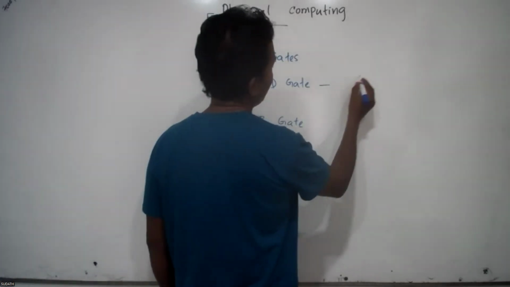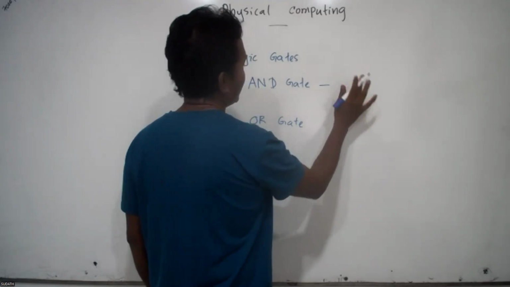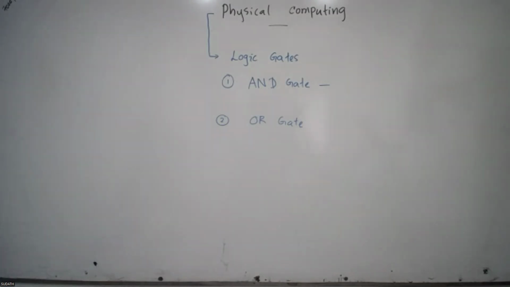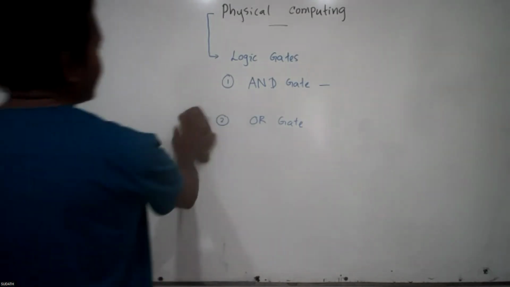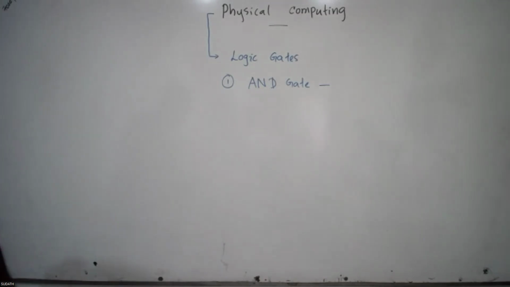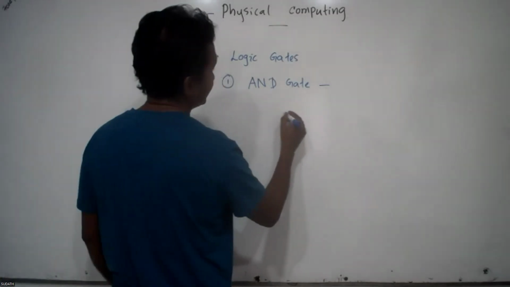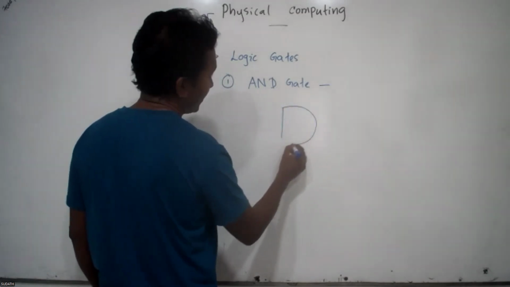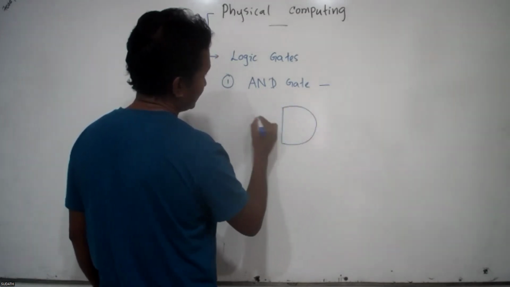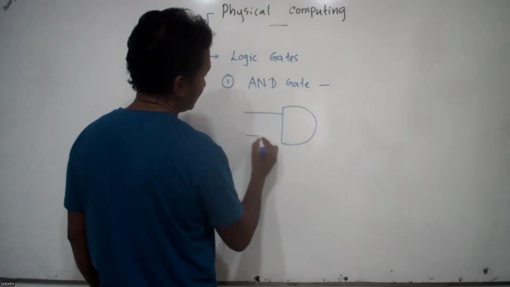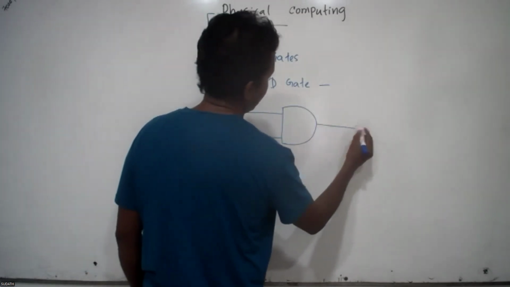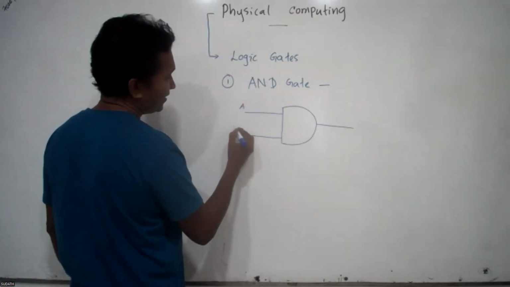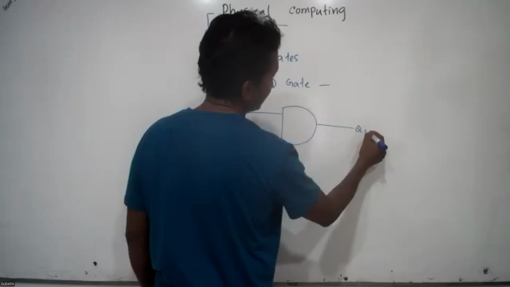So this is the symbol for AND gate. Right, I will explain again. This is the symbol for AND gate. If this is A, if this is B, what will be the output?